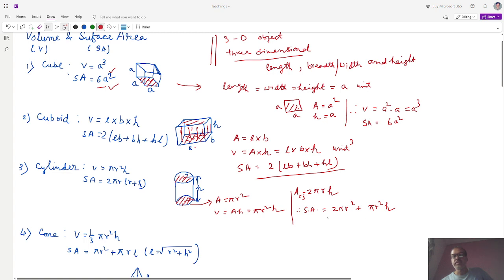So the total surface area will be equal to 2 pi r, taking common from these two terms, and we'll get 2 pi r into (r plus h). Okay, this is the total surface area. This is the volume of the cylinder.